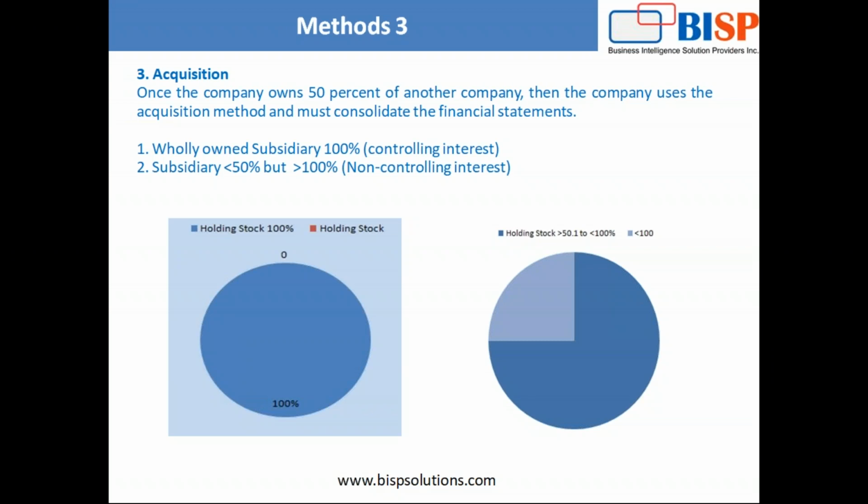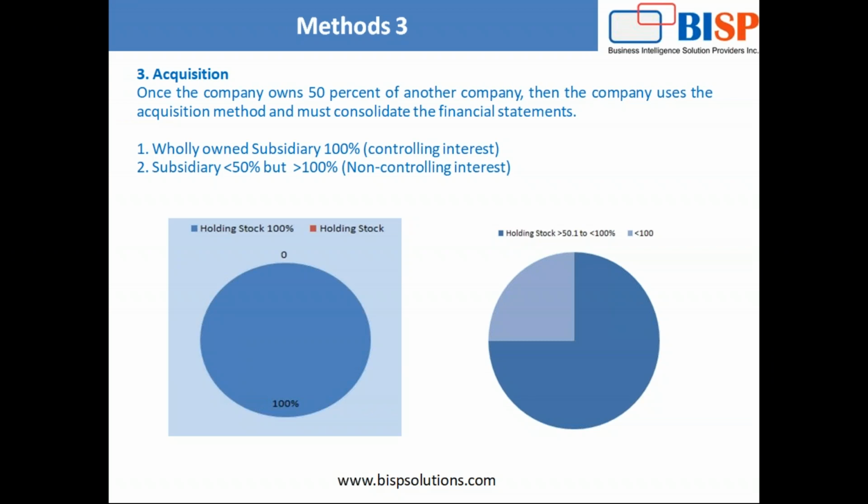When the company holds 100% of the other company's stock, it has a controlling interest and there is no need for any other account. In the other condition, the company holds more than 50% but less than 100%, and the parent needs to create a non-controlling interest account in the balance sheet.